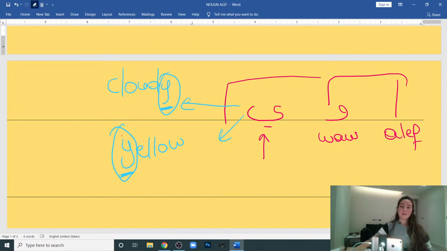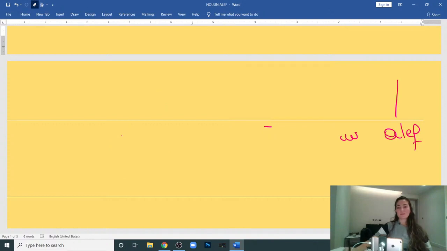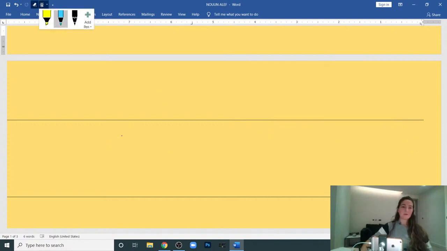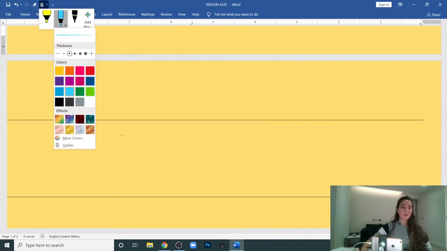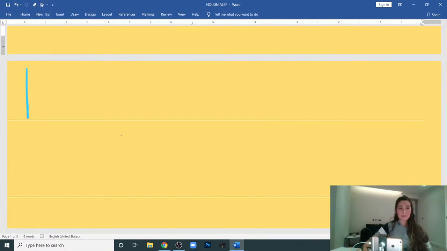Now, the letter Alef, which we will learn today, I'm going to just start with the Alef. Let's forget about the Waaw for now, okay? The Alef has an A sound when it's a vowel. In Lebanese, it can also sound like a different A. You should know the word to be able to pronounce it.